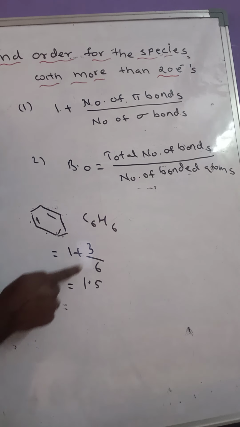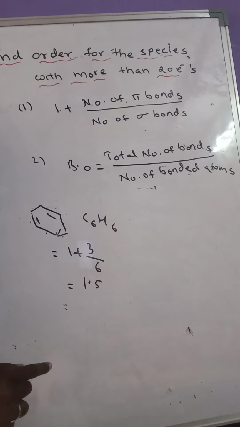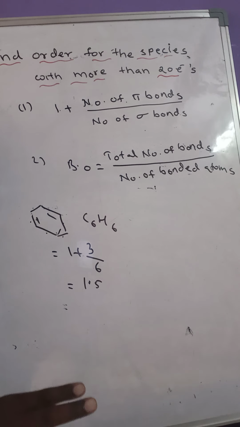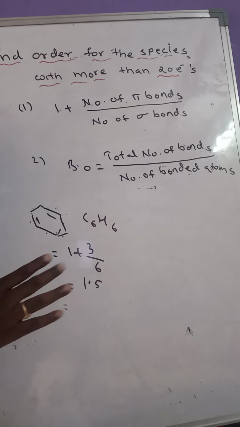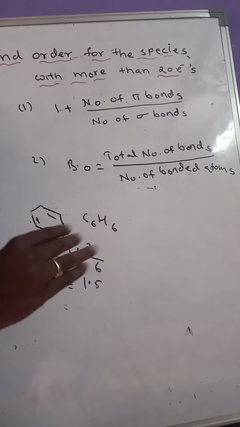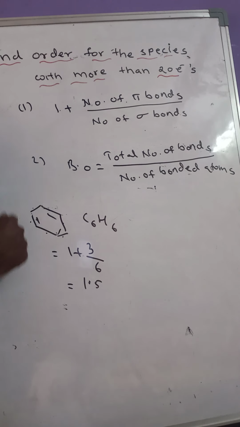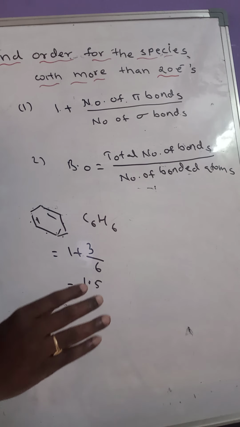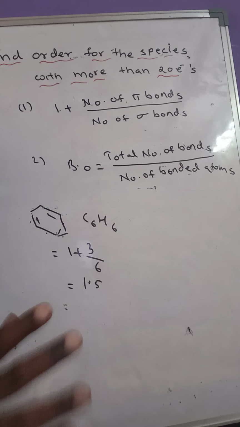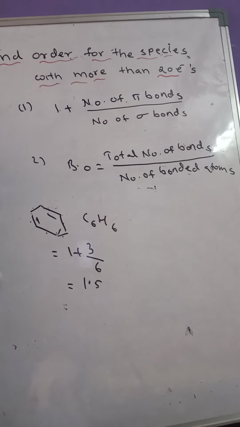So why can't we write 12 here? But students, listen here. This is the bond order calculation for the C-C bond, not for the CH bond. So there is no need to include the sigma bonds formed by carbon with hydrogen. That is the doubt many students have. Okay, like that you can get the clarity.